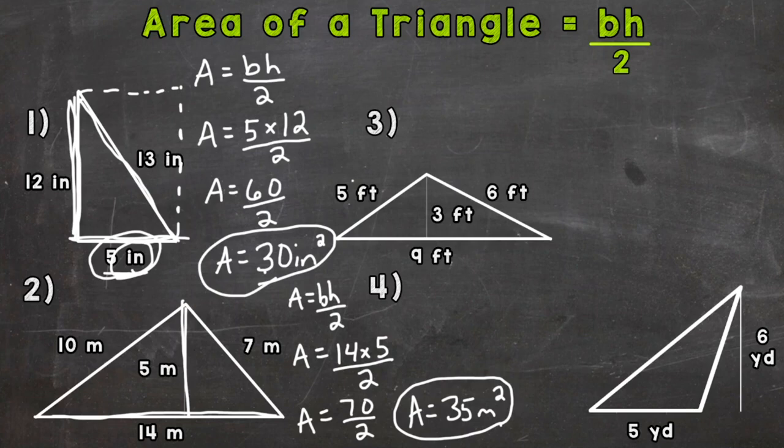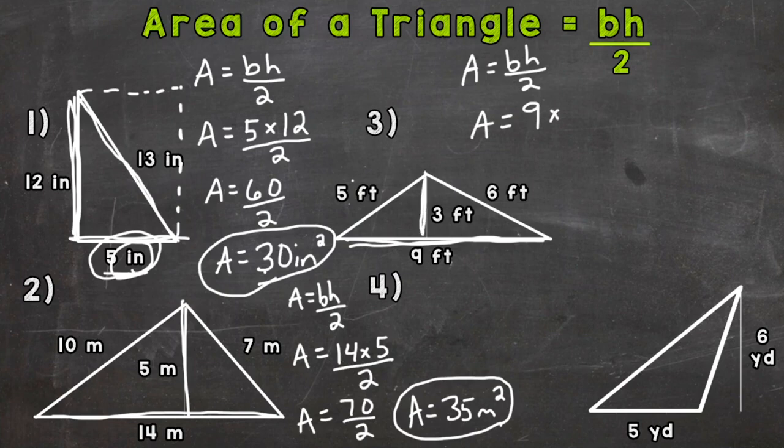So for number 3, let's start by writing out our formula. It's always good habit just to start by writing out the formula. So we have area equals base times height divided by 2. Now hopefully we know that we plug in next. So base right here, the base of the triangle is 9 times the height.